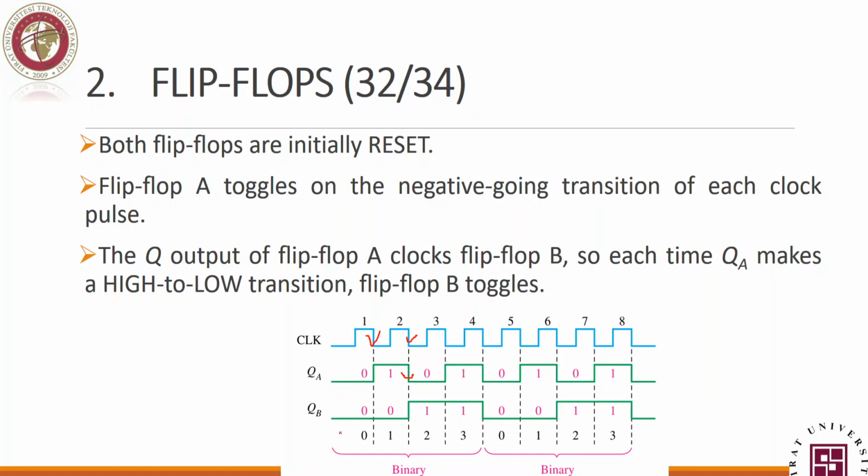Now let's count. Count from QB to QA. That means from B to A: 00, 01, 10, 11. So this flip-flop design will enable you to count until 3: 0, 1, 2, 3. So what do we have? 1, 2, 3, 4.